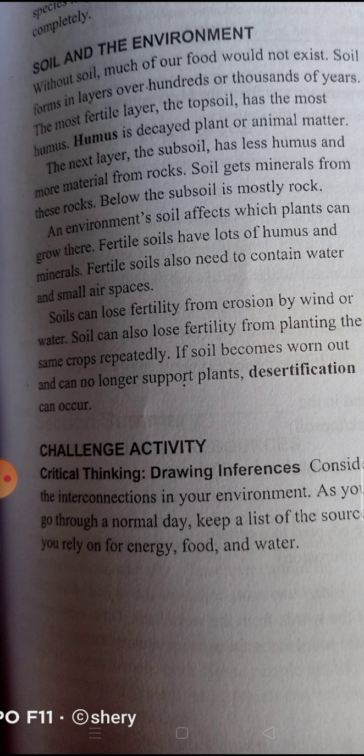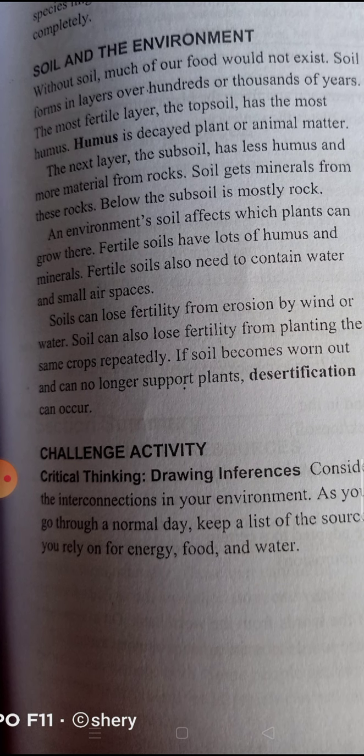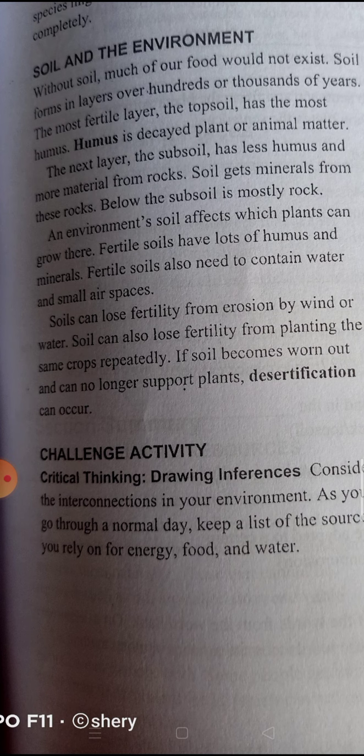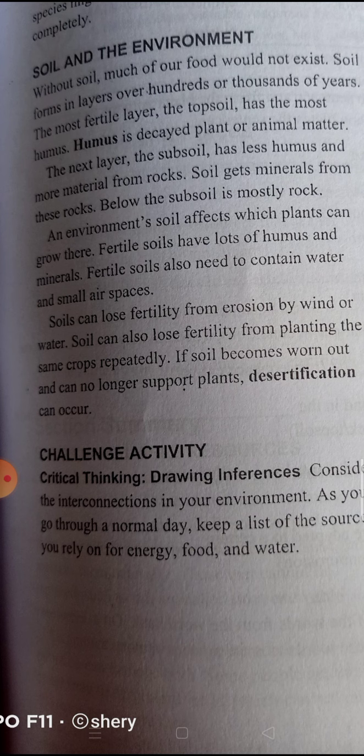Number three, fertile soils also need to contain water. Number four, small air spaces.